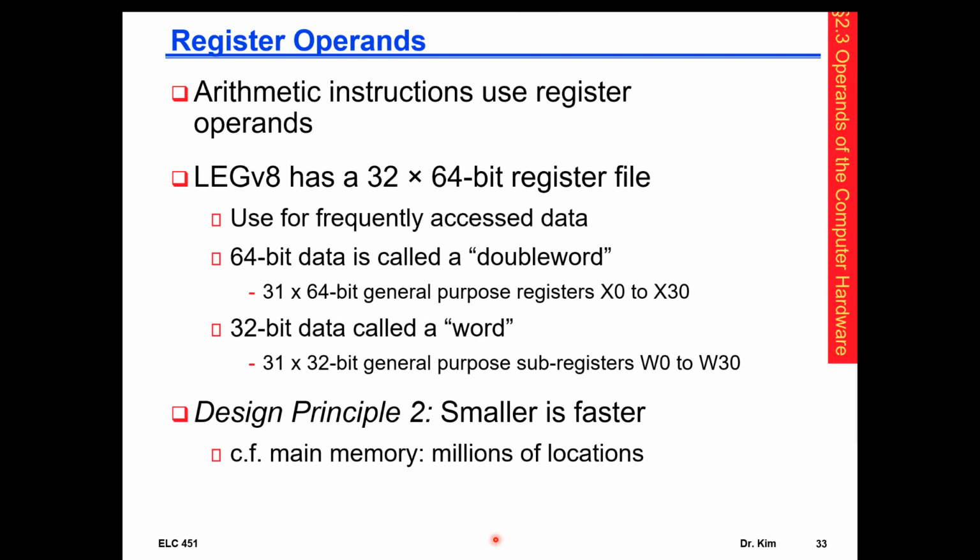A word is 32 bits or 4 bytes. That register file, the ISA allows the user to refer to them as a subset of 32-bit registers, which are labeled W0 through W30. The double word ones are X0 to X30.